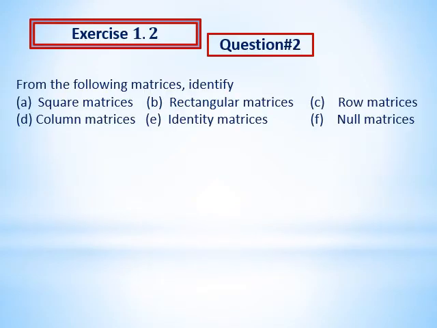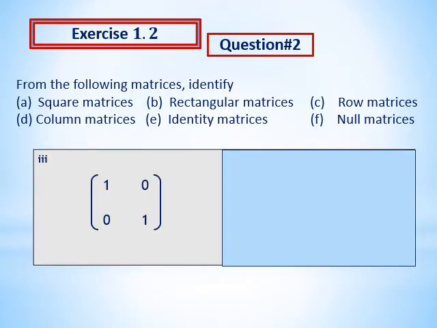Question number 2 again. Identify. Part 3. Look at this. Matrix 1, 0, 0 and 1, having 2 rows and 2 columns. So its order is 2 by 2. You can say this is a square matrix, but again, look here. Its diagonal entries are 1 and 1.